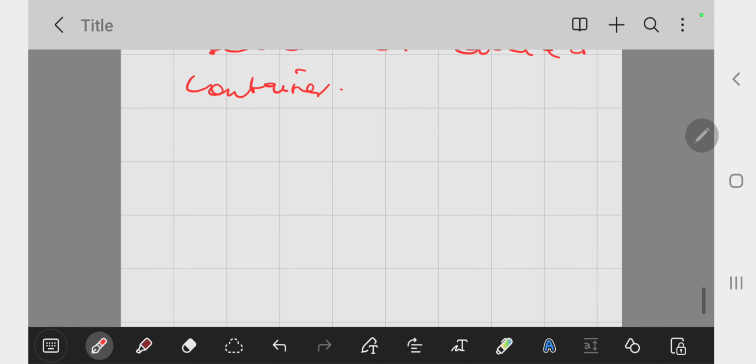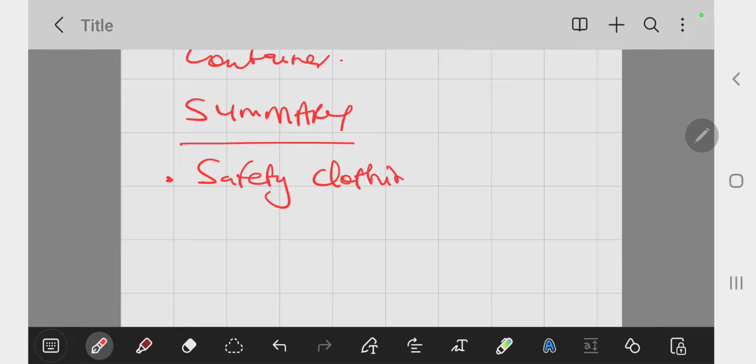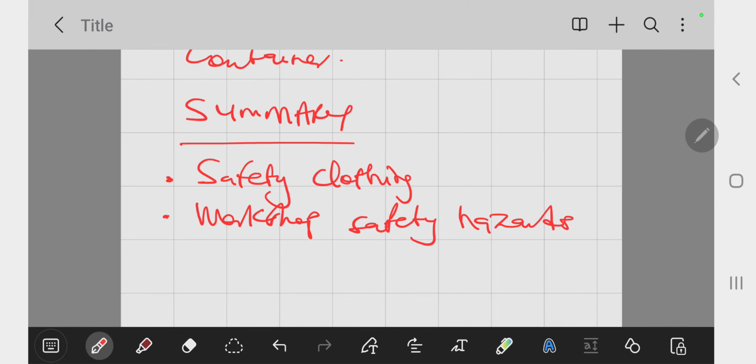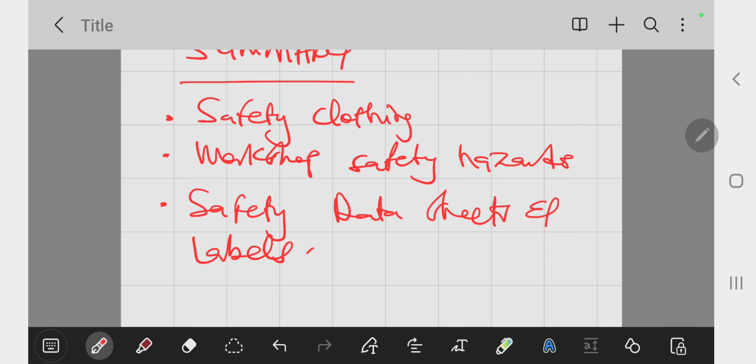So now in summary, as we end the class, for chapter 1, you guys need to know that we have looked at what safety clothing is. Then we have also looked at some workshop safety hazards. Then we have also looked at safety data sheets and labels.